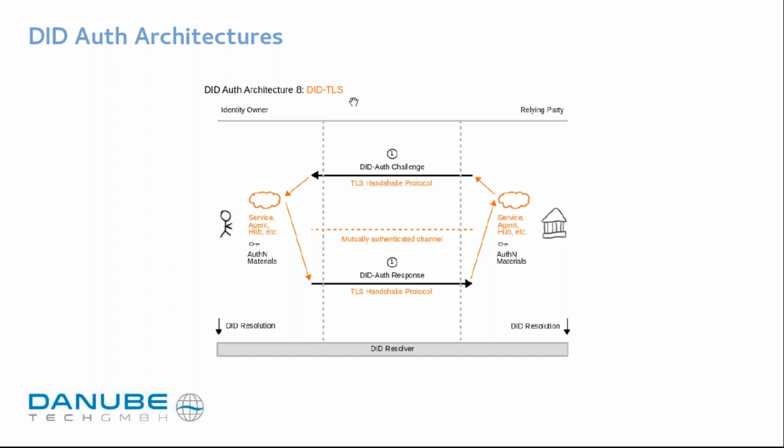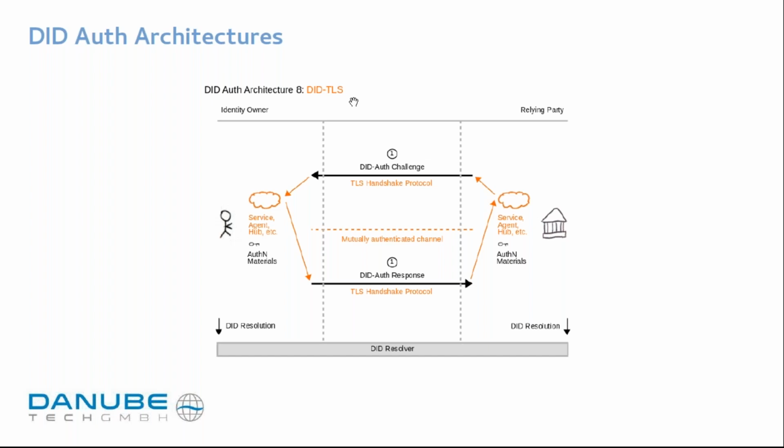So it is possible to use the TLS protocol to establish an encrypted and authenticated channel between two services, and using the traditional TLS handshake, we can use not traditional certificates that are issued by hierarchical certificate authorities, but certificates that we issue based on our DIDs.